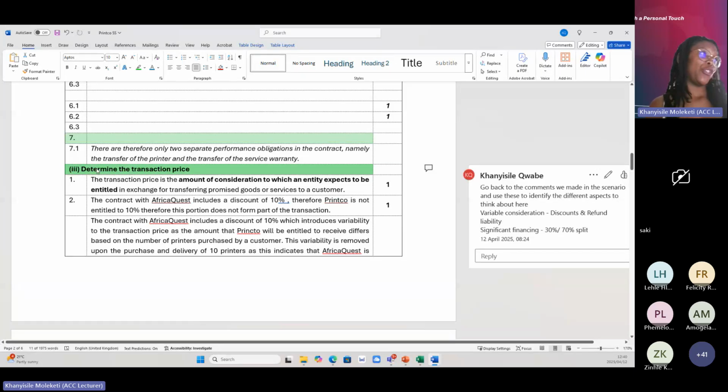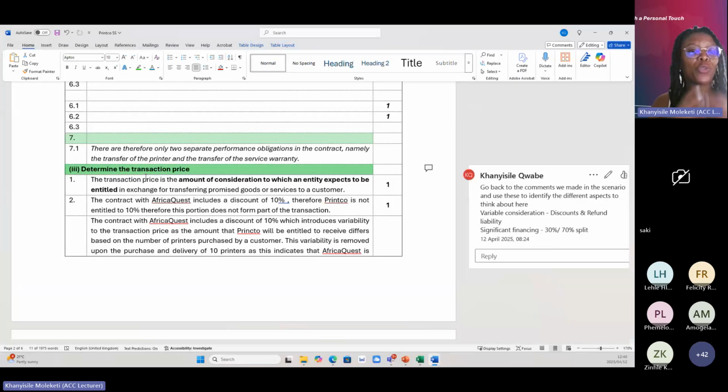So we determine the transaction price. Okay. Leave some space. So we aren't answering. We're doing this because it's giving us structure. We are doing this because once you get caught in the detail, it is so easy to get fumbled. It's so easy to forget parts. It's so easy just to run around. So we are setting up the headings so that we know what we're looking for. We know where to go.